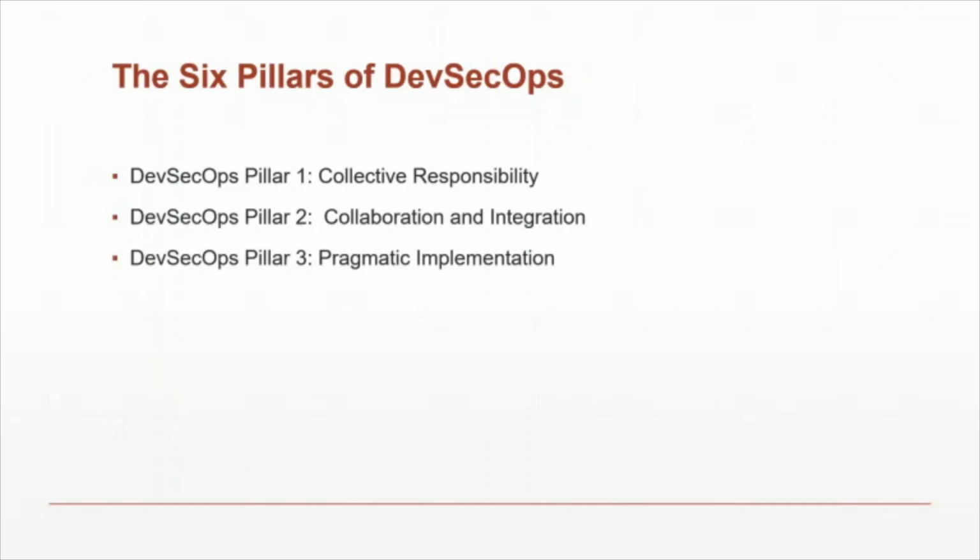DevSecOps pillar 3, pragmatic implementation. Bringing a model framework-agnostic digital security and privacy that focuses on application creation would enable organizations to pragmatically pursue security in DevOps. Pillar 4, bridging compliance and development.